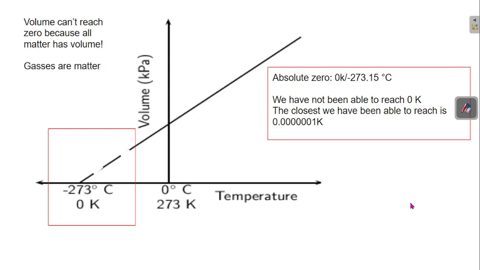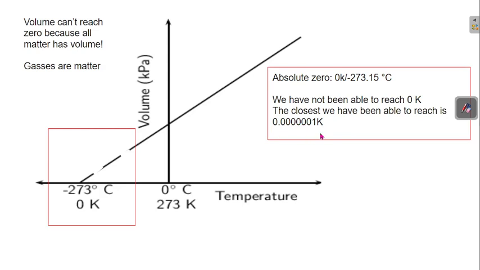Here's another one. It's the same thing. 0 degrees Celsius is 273 degrees Kelvin. Absolute 0 degrees Kelvin is minus 273 degrees Celsius. We have never been able to reach this temperature. The closest we have been able to reach is 0.1234560 Kelvin.